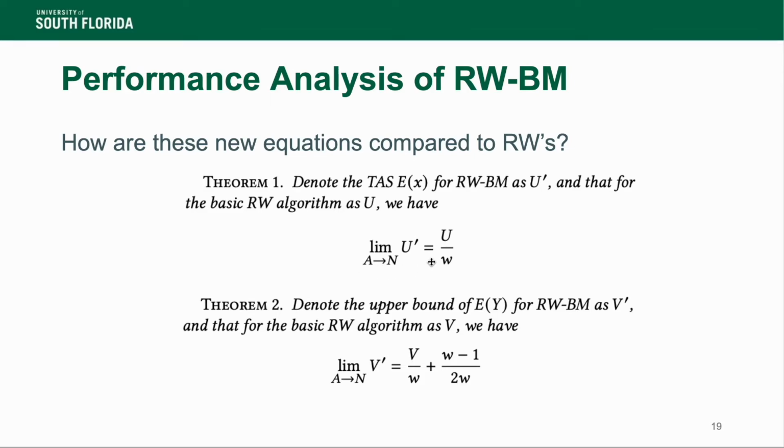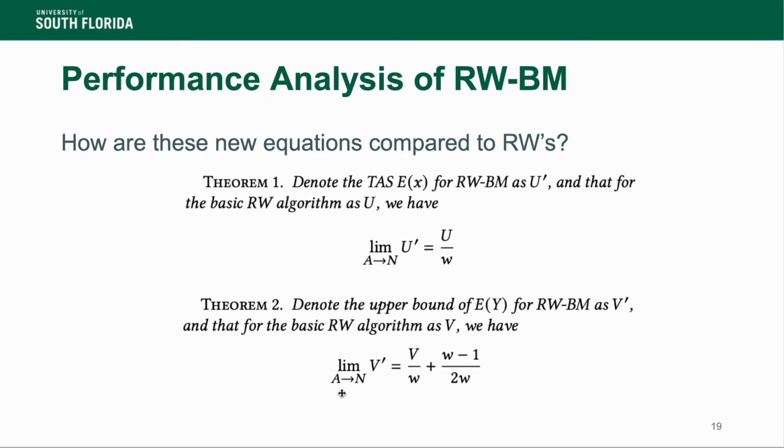And this limit is taken when the number of free pages A approaches n, which means that the number of free pages is really low. And similarly on algorithm 2, if we let V' be the upper bound for WAS, and that for the basic random walk algorithm is V, then the limit of V' is about V over W.